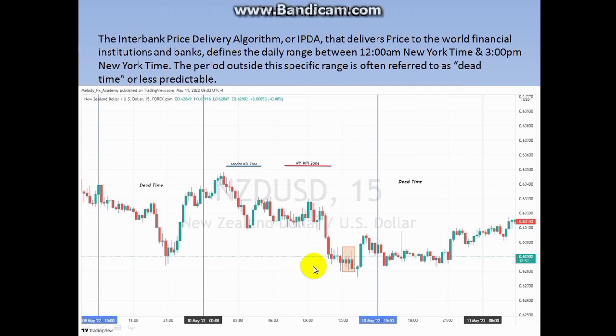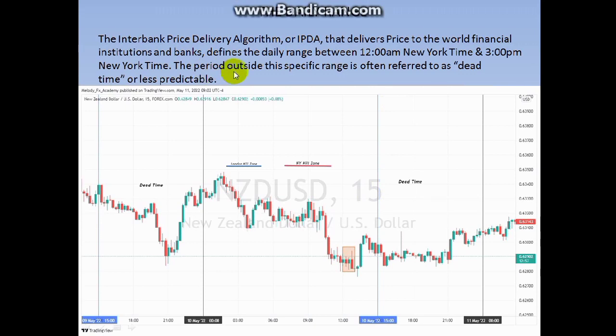In other words, what this means, applying this to the concept of price and time. Remember, smart money concept is built around time and price, right? So now we have the 12 a.m. midnight, which is what we can see here. The interbank price delivery algorithm delivers price to the world financial institutions and defines the daily range between 12 a.m., which is this right here, to 3 p.m. New York time, which is this.